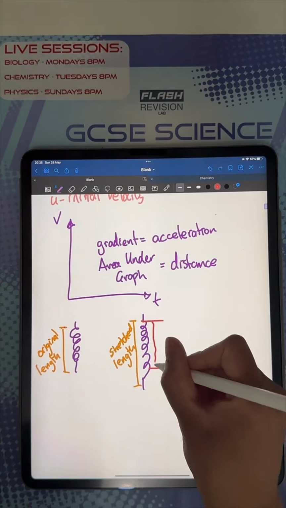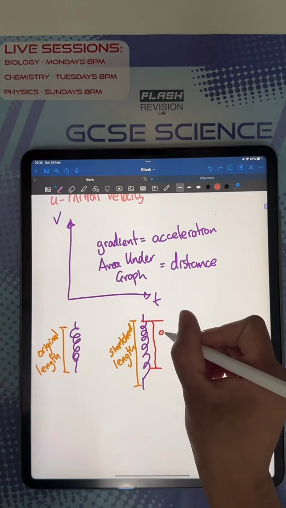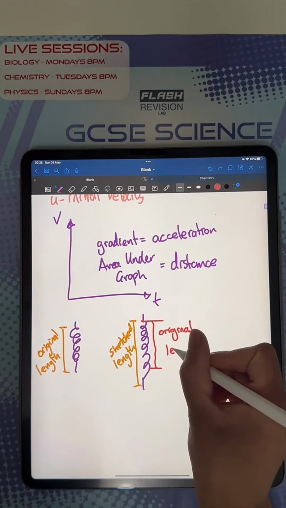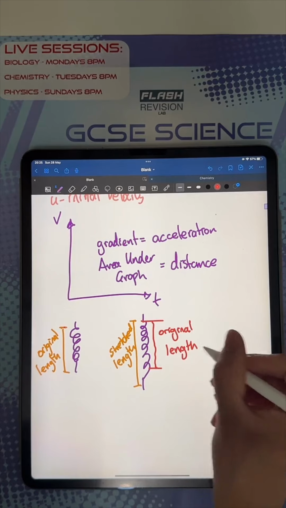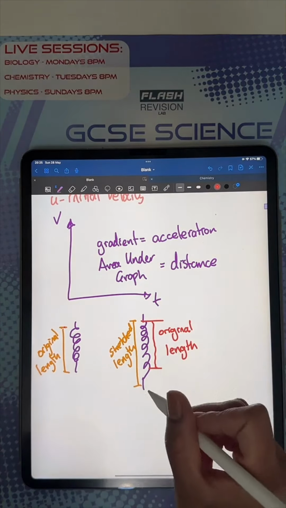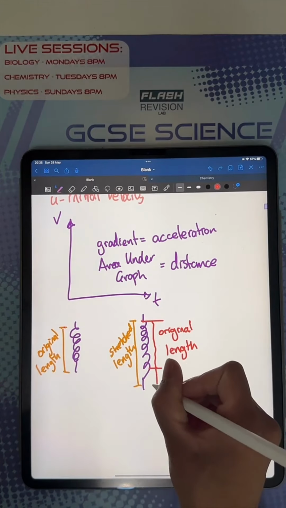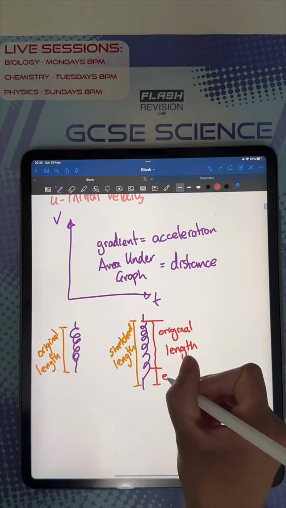That's the original length. Extension is the stretched length minus the original length. So that is the length from here to here. That's the extension.